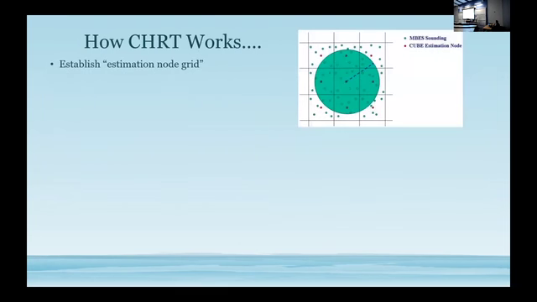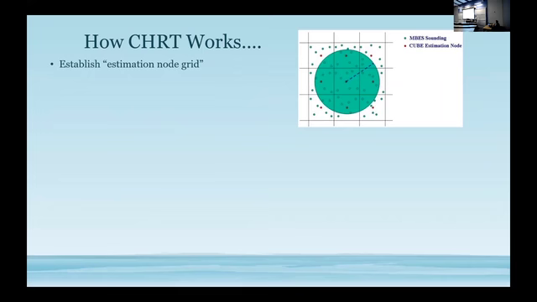So the way CHRT works is each of the blue points or green points that you see here are the equivalent of LiDAR pulse returns. These are actually for multibeam, so it's sonar, it's not LiDAR, but the same principle. And CHRT goes along and establishes a grid of points, which are the red points that you see up there.